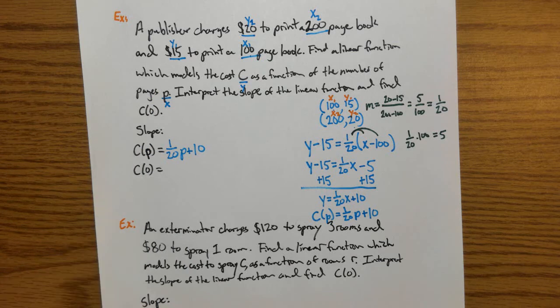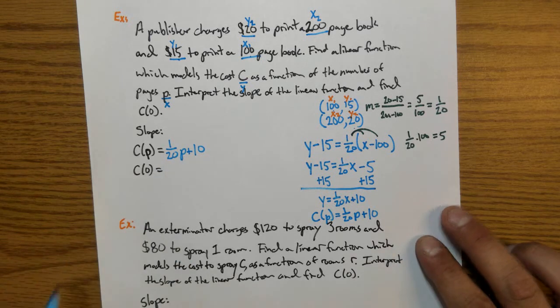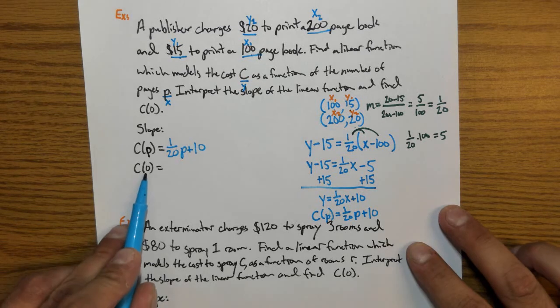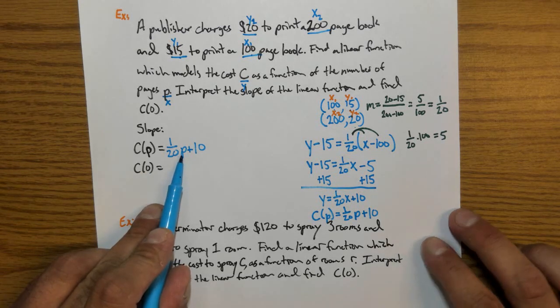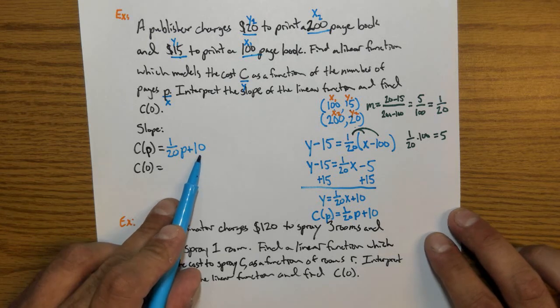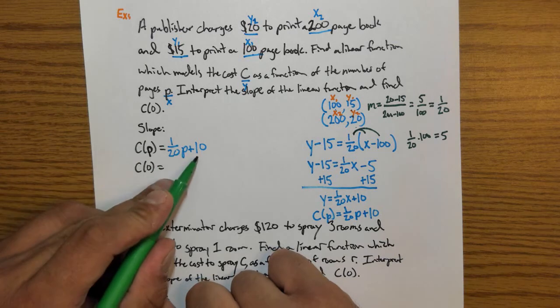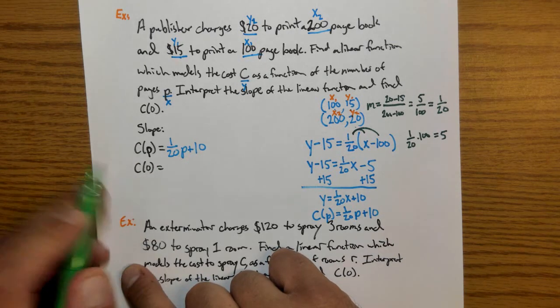And then it asks for C of 0. Well, that's easy. We just plug in 0 for p. Well, here's the nice thing about slope-intercept form. Whenever we plug in 0 for p, or for whatever our input is, it's just going to leave us with 10. Or it'll just leave us with our b, our y-intercept, and C of 0 is exactly what a y-intercept is.